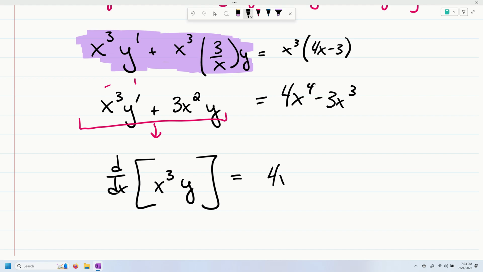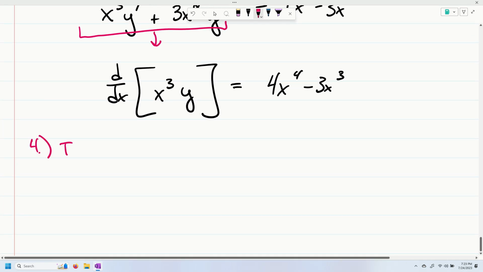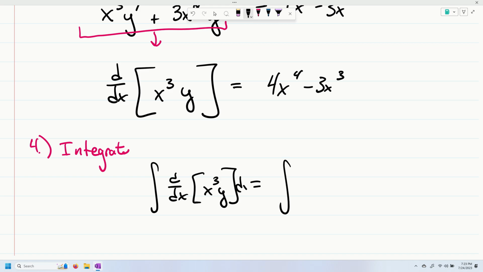Now from here, we're going to go ahead and do step 4, which is integrate. So integrate d dx of x to the third y equals the integral, oh, forgot my dx, the integral of 4x to the fourth minus 3x to the third dx.